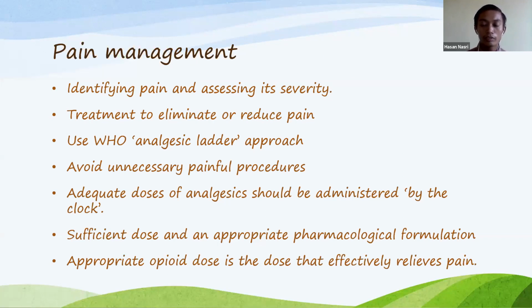A sufficient dose is when the pain is gone, and an appropriate formulation is, for example, in babies and young children, we crush the pills and give them with water. An appropriate opioid dose is the dose that effectively relieves pain.